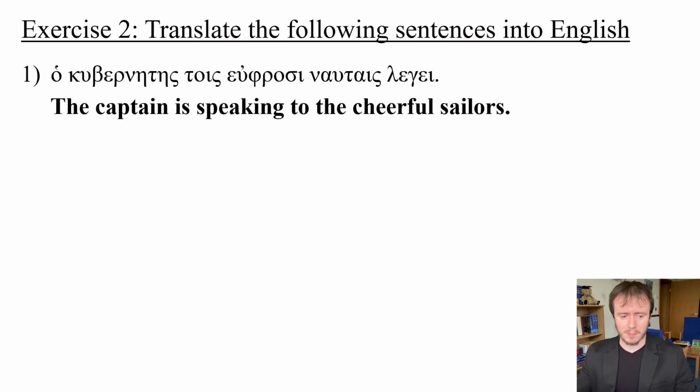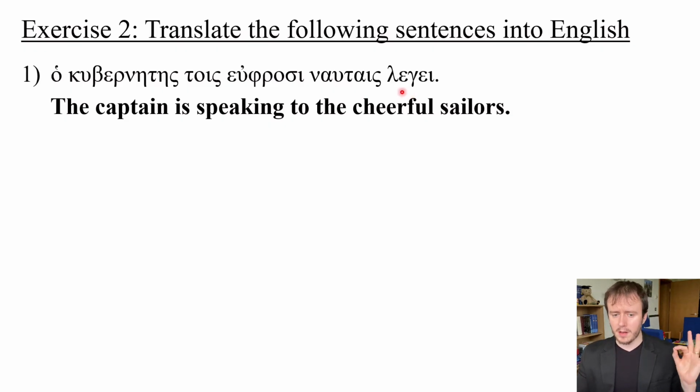We know that it means this because we have the captain in the nominative singular, so he's doing the action. Then we have tois euprosi nautais. This is the cheerful or merry sailors in the dative plural. And then after it, we have the verb lege, meaning he, she, or it speaks or is speaking.